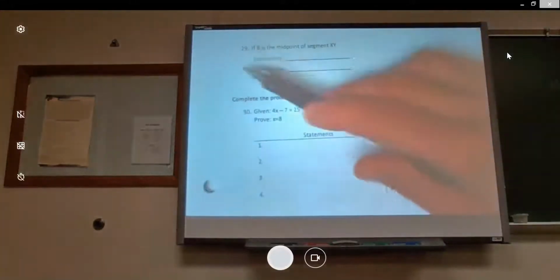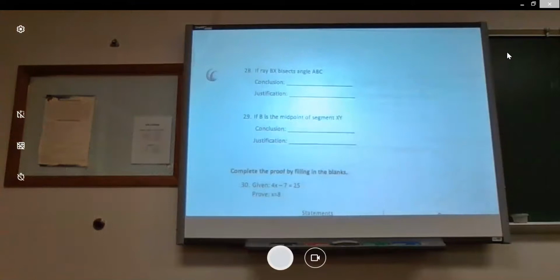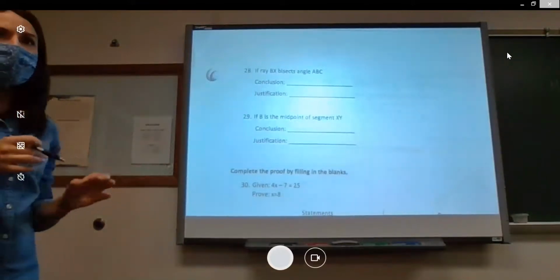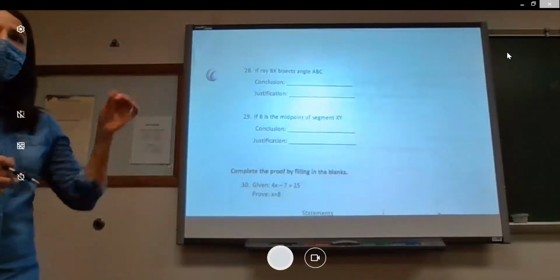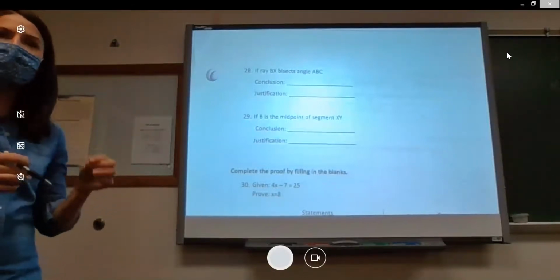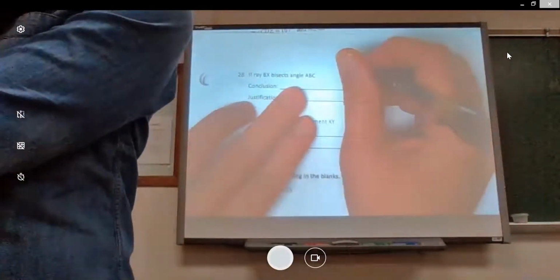If it gives you something like this or even like this, where it's a visual thing it's describing, draw the visual. I'm going to say it again, draw the visual, okay? Don't try to go off of just the words. So this says I have angle ABC.